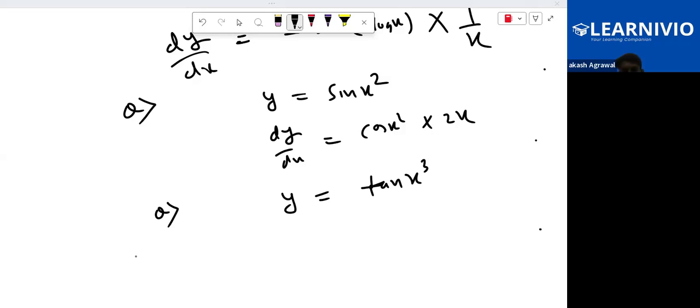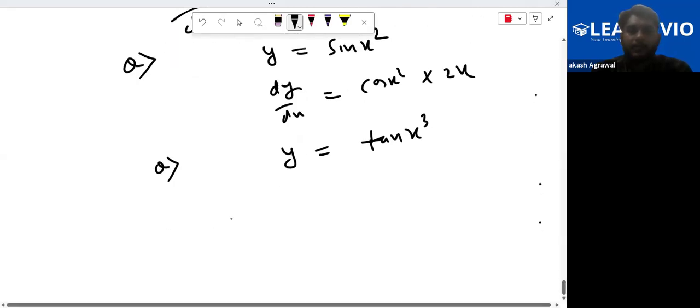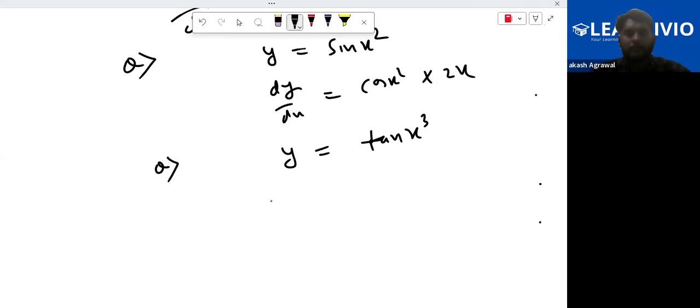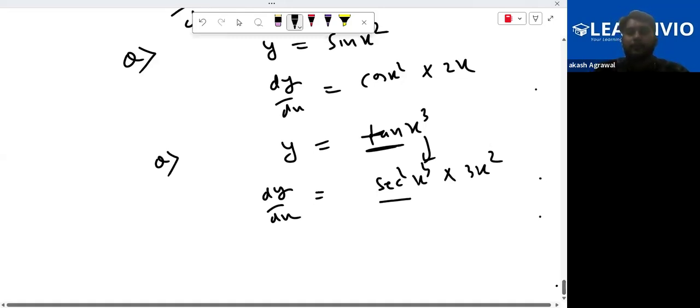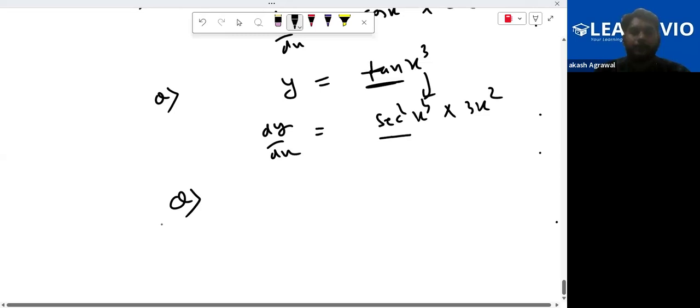Yes, sir. 3x square tan x cube. Sec square x cube times 3x square. Okay. Differentiation of tan x cube is sec square x cube, because we do not change anything else, and x cube differentiates to 3x square.